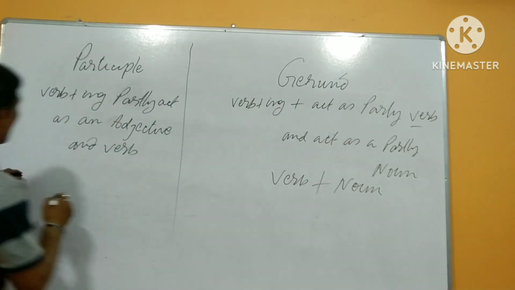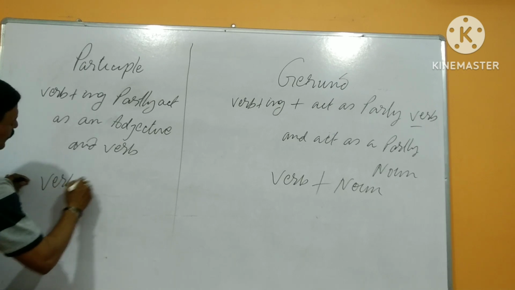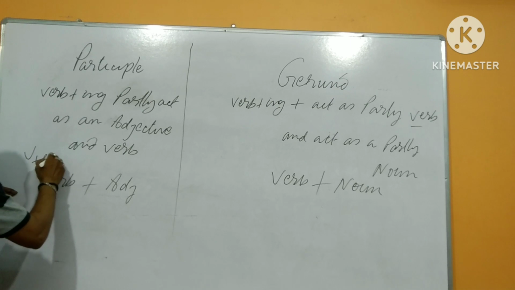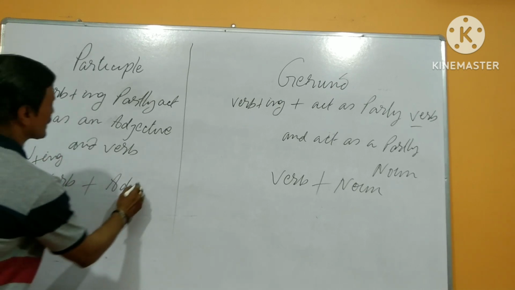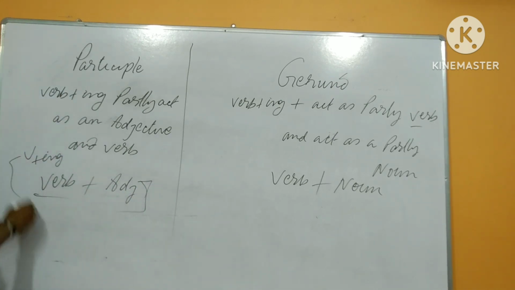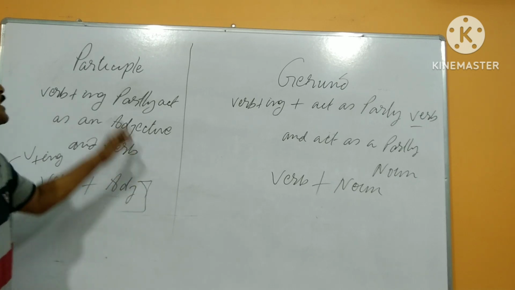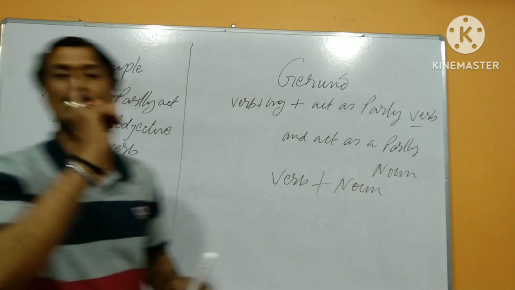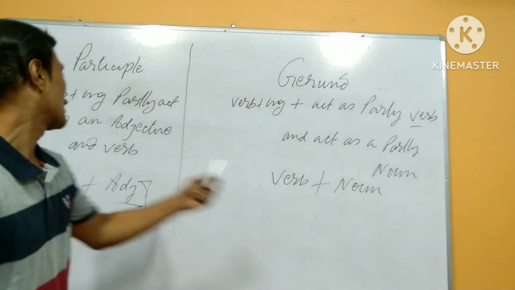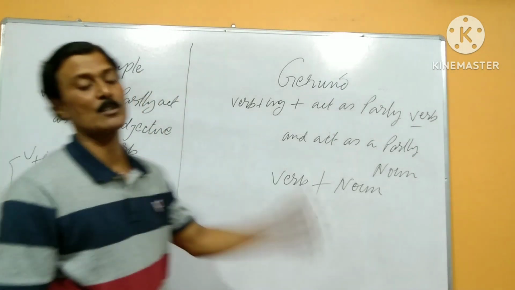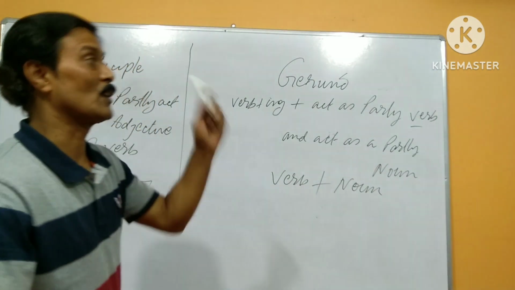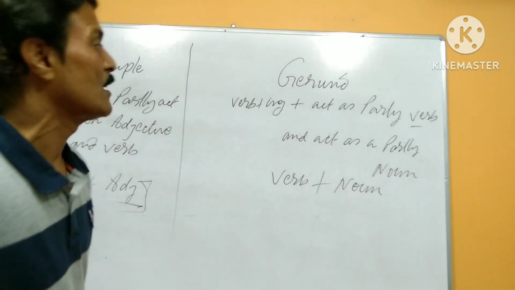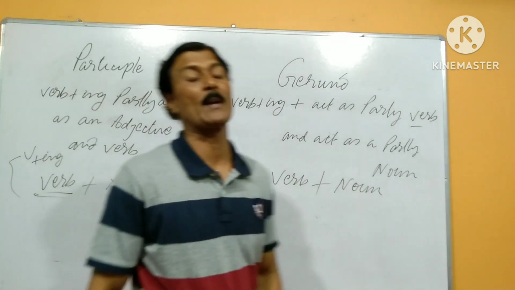And a participle is also verb and adjective: verb plus ing used as an adjective. A verb is one part of speech, an adjective is one part of speech; one plus one is a double part of speech. That is why the infinitive, a non-finite verb, is a double part of speech. Especially the present participle is a double part of speech.